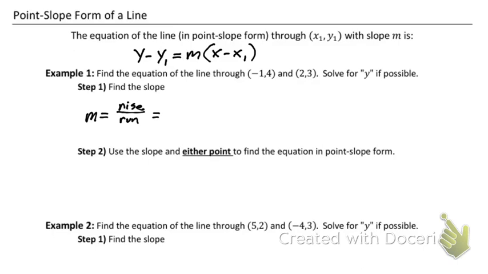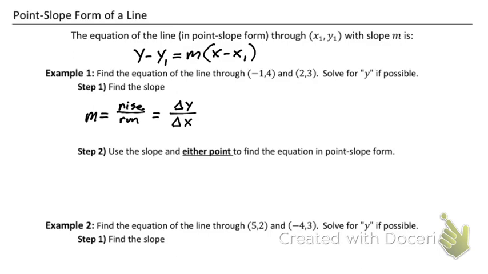So if I picture an xy plane, we have x going this direction, and we have y going this direction. So your rise has everything to do with your y values. In fact, it is called a change in y over a change in x. That delta in math stands for change. So we're saying change in y over change in x. Well, change in y is how high does it go up? Change in x is how far left or right does it go?